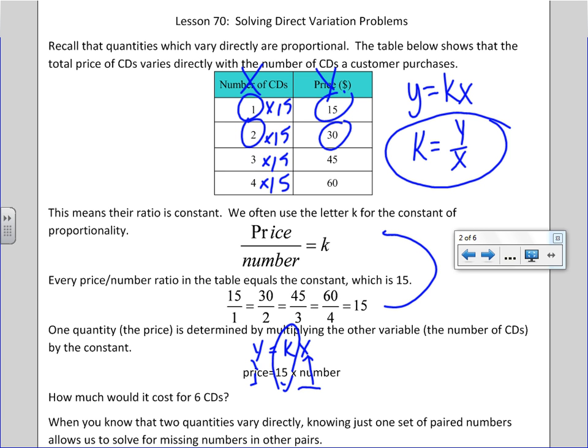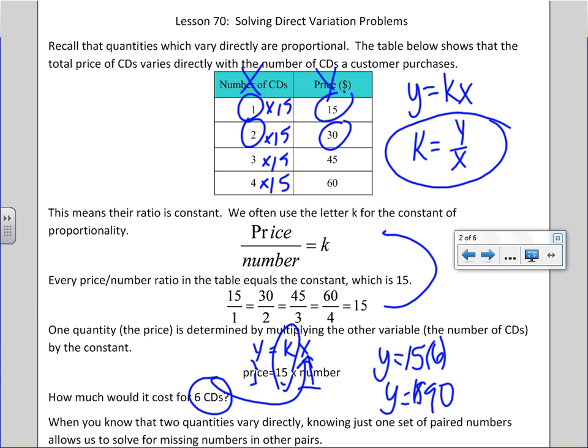If each CD was $15, it wants to know how much it would cost for 6 CDs. The number of CDs goes in for x. So I have y equals 15, and instead of the number of CDs, I have 6. So 15 times 6 is going to give us 90. So we have y equals $90.